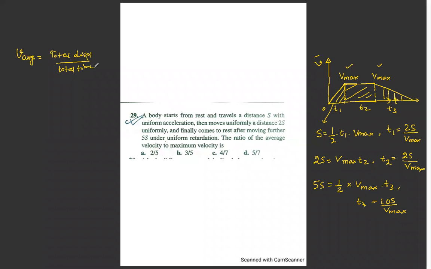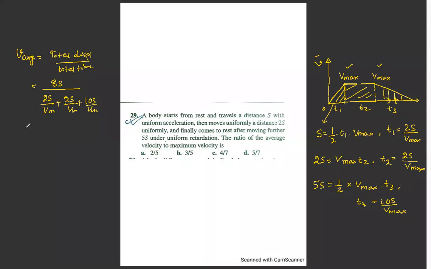The journey is in three parts, so it's going to be s plus 2s plus 5s, that is 8s, divided by t1 plus t2 plus t3. So it will be 2s by Vmax plus 2s by Vmax plus 10s by Vmax. Vmax being common, it will go off.